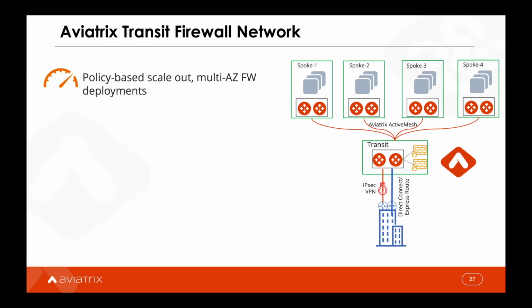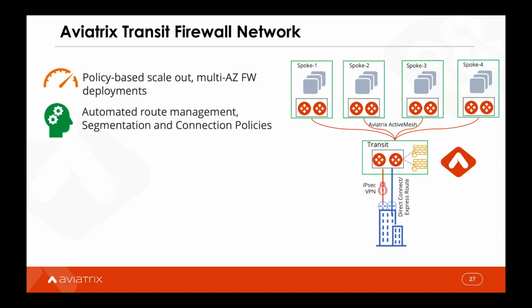Firewalls are deployed with AZ level HA, and you can deploy up to 20 firewalls in a transit from the Aviatrix controller. All the routing, traffic steering, segmentation, and connection policies are handled by the Aviatrix controller. So, for example, if spoke 1 were line of business 1, spoke 2 were line of business 2, and so on, then they would be placed in separate network domains, and you would be able to enhance the security even further.